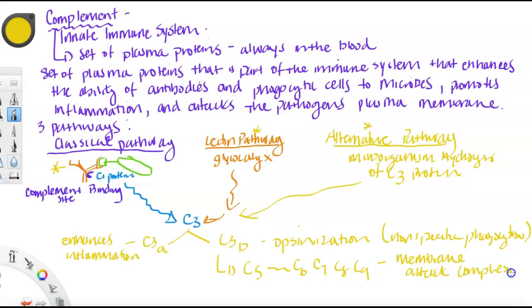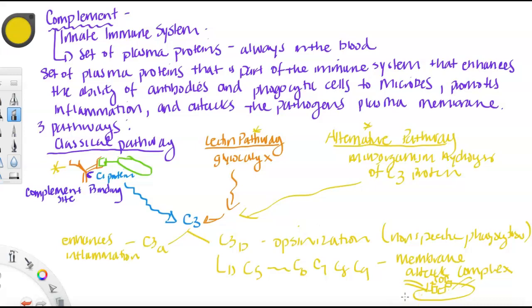Which is just those proteins that come together to make a little something that forces itself to stick into the plasma membrane of the pathogen, and then it kills it. It makes all the fluid come out of it and all of that. And that's how it kills it directly.